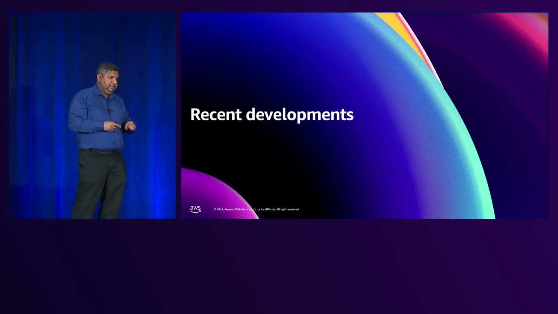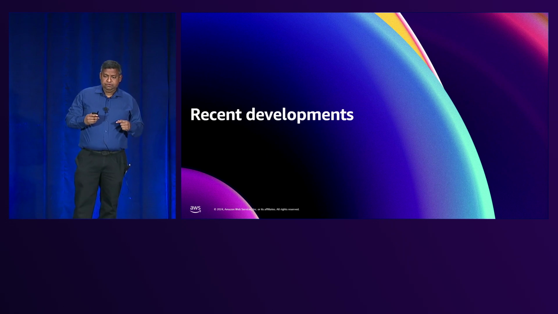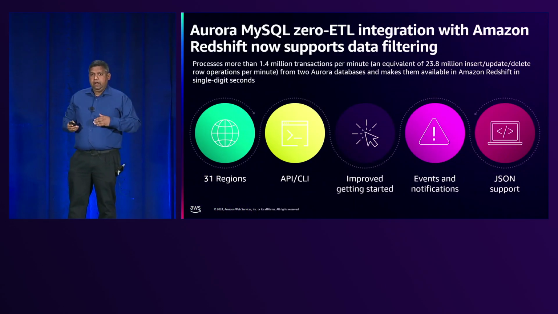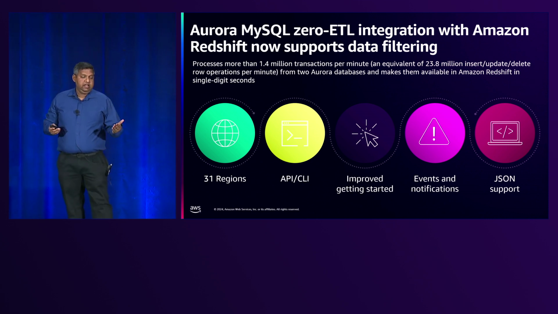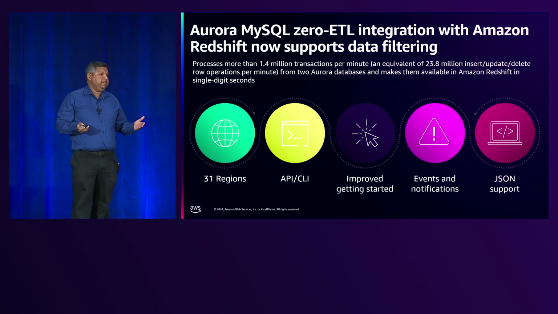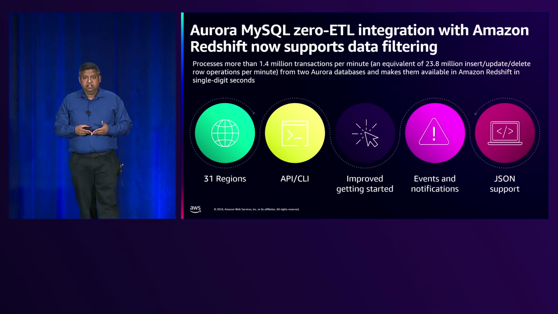With that, the next thing I want to jump into is recent developments that have been released. Compared to last year, when Aurora MySQL zero-ETL integration was already available, we have now expanded it to 31 regions and added data filtering as a new feature.